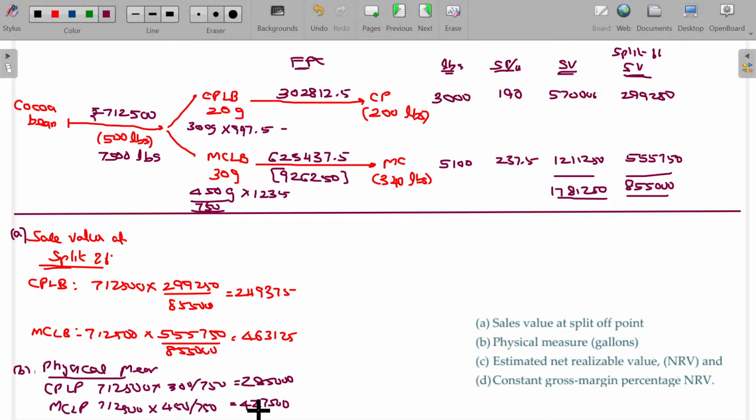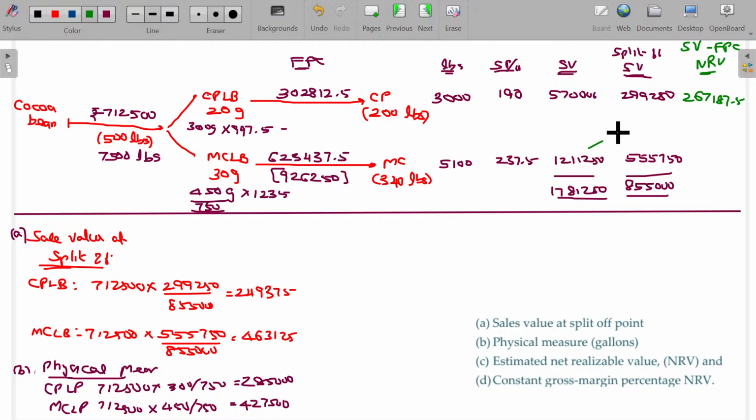Next one is NRV basis. Find out the NRV. NRV is nothing but final sales price minus further process cost. Final sales is 5,70,000, further process cost is 3 lakhs 2,812.5. The NRV being 2 lakhs 67,187.5. Isn't it?